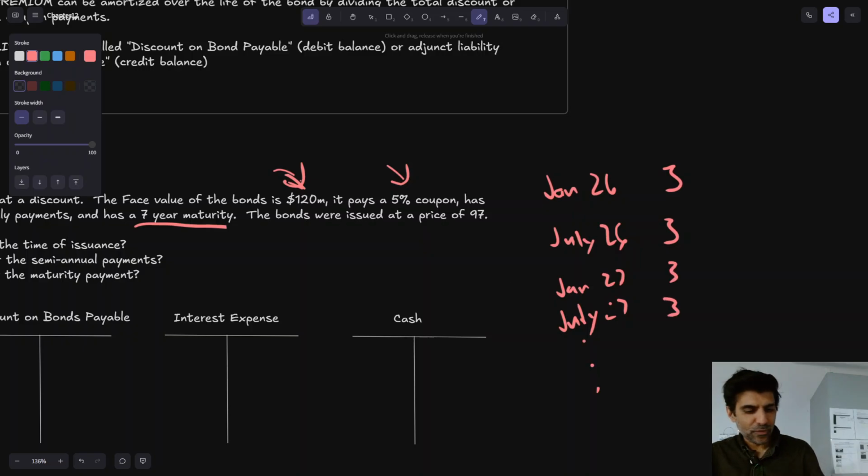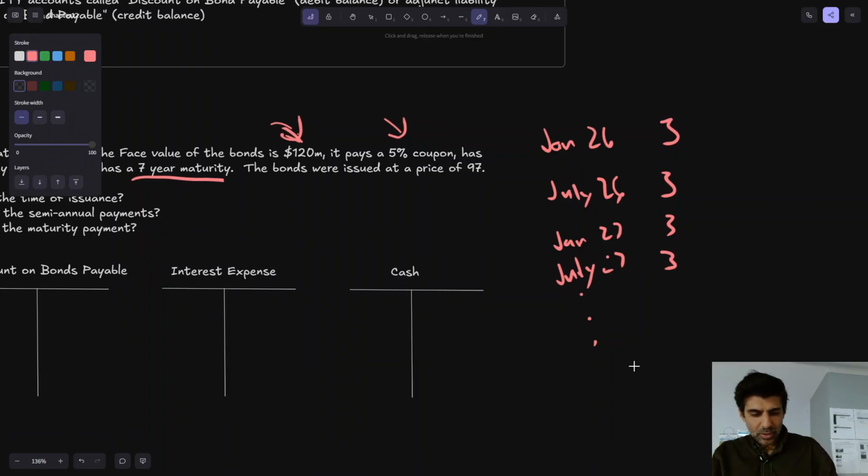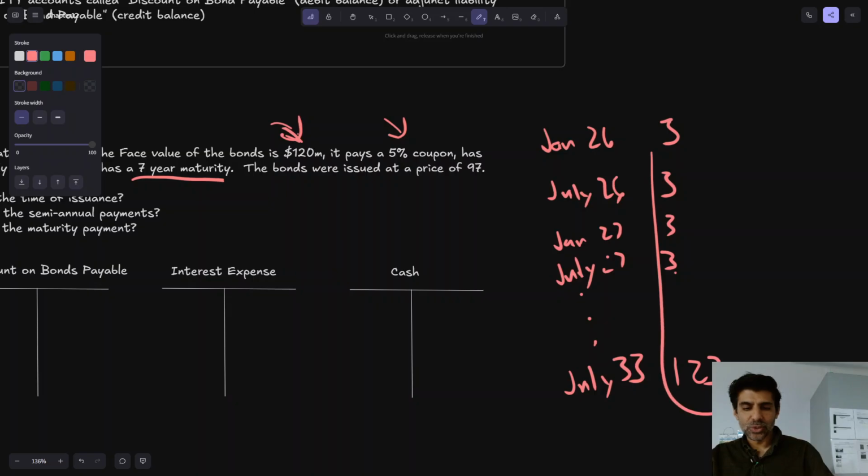This goes all the way for 7 years. Eventually we'll get to July 33, and it'll be basically 123 million, because you'll pay the 120 million plus the 3 million of interest for that payment period. So you can make the whole payment schedule, dates and everything, based on this.